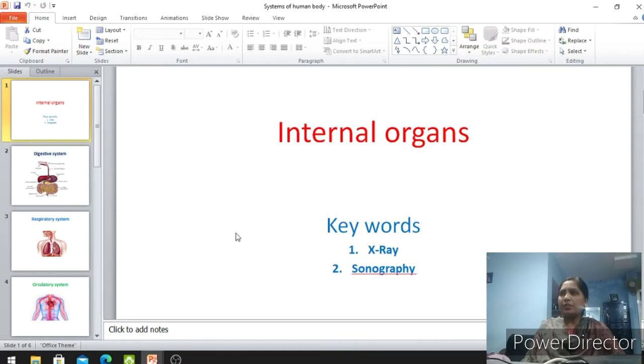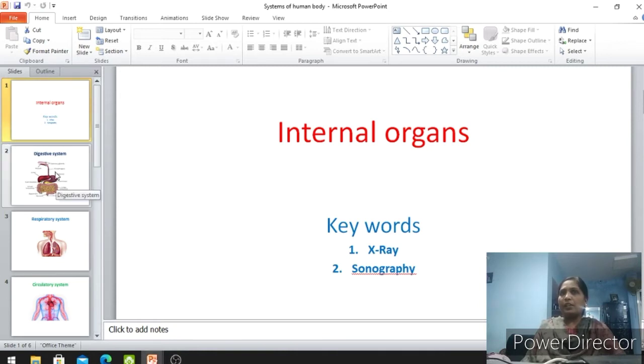Now we'll see the internal organs of our body, children. And just now I told you the new words you are learning here are X-ray and sonography. S-O-N-O, sono, G-R-A-P-H-Y, graphy, sonography. So these two words, where we are using them, we are going to learn in our lesson today.